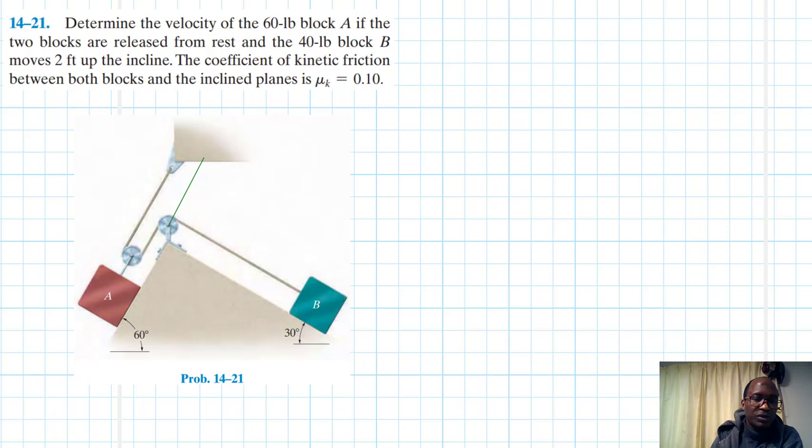Okay, so I have references there for this position, and let's say going down is our reference. We do have the other one there as well.